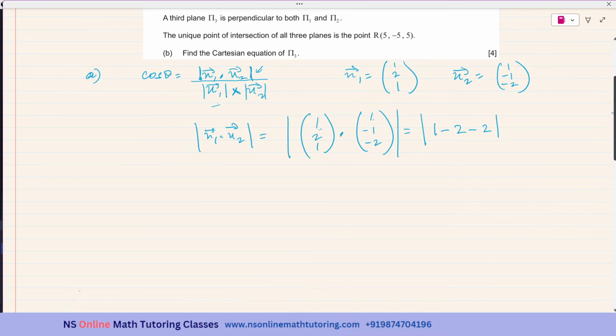So this is equal to minus 2, minus 4, plus 1 is minus 3, and the absolute value of minus 3 is plus 3.